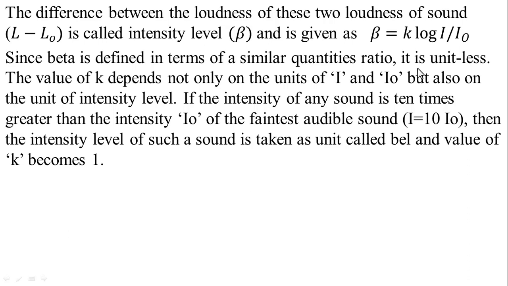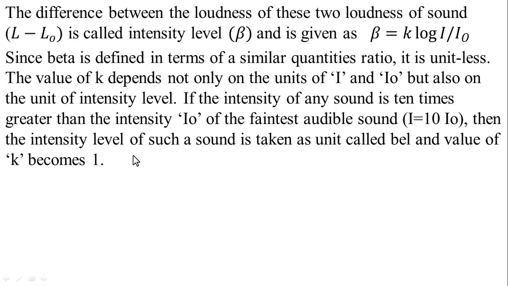It is unitless, and the value of K depends not only on the units of I and I naught but also on the unit of intensity level. If the intensity of a sound is 10 times greater than I naught, then I is equal to 10 I naught.